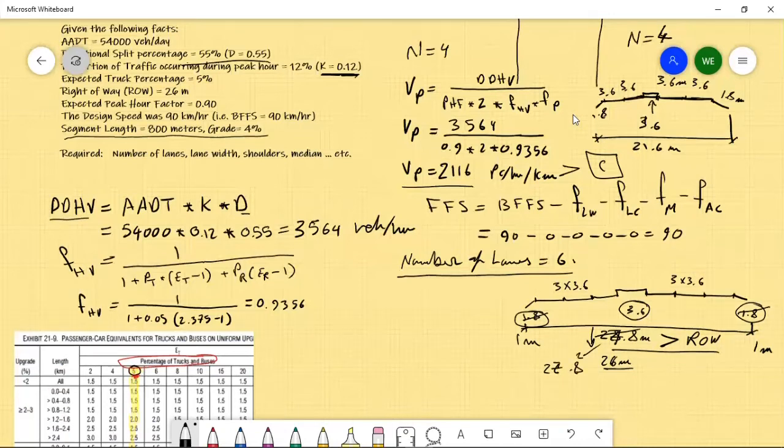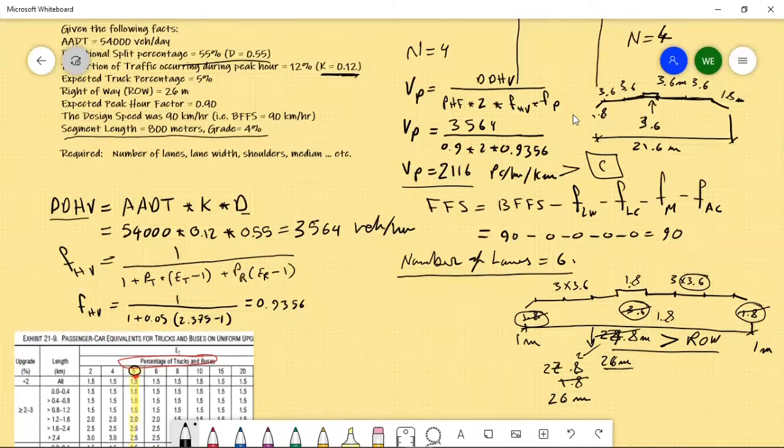And we need to remove 1.8 again. So let's take another 1.8 meters from here and reduce the median to 1.8 only. So this way we are at 26 meters. Now we still have a shoulder, but it's 1 meter, and we have a median of 1.8, but the lane width we kept at 3.6.